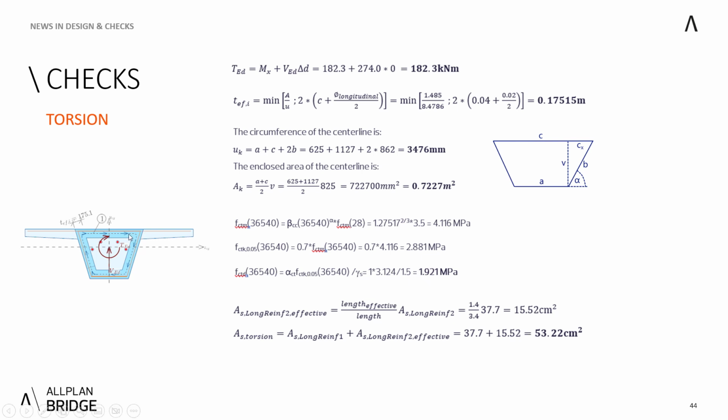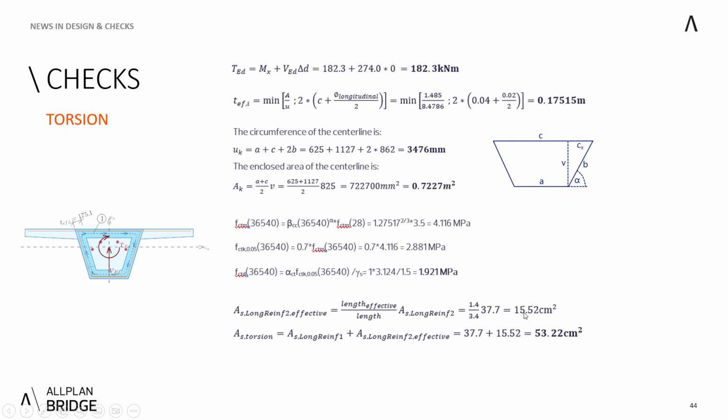One more thing, as I explained in the shear or also at the design part of this presentation, we need to consider only the part of the reinforcement that is within the effective length of boundary in the equivalent thin-walled section. Therefore, it's only 1.4 meters from 3.4 meters.